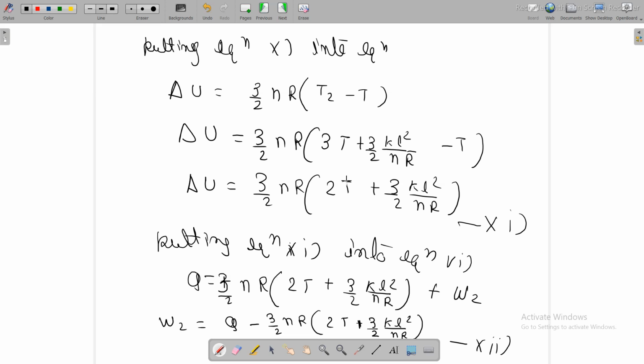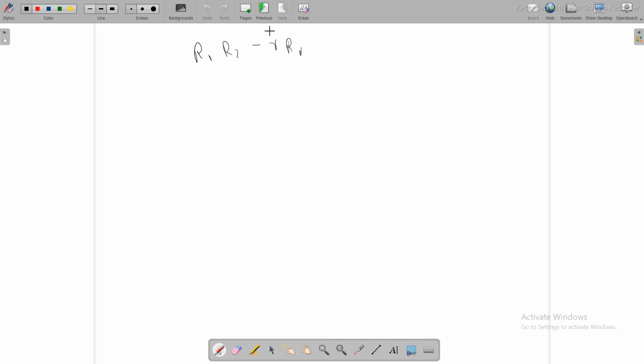Now we know that W2 minus W1 is equal to 1/4 KL square.